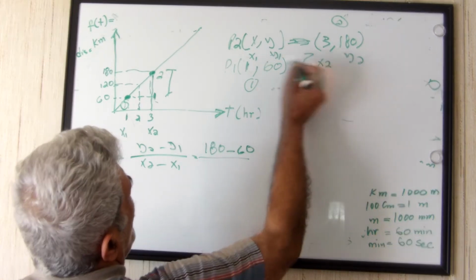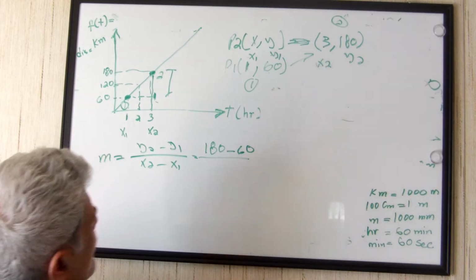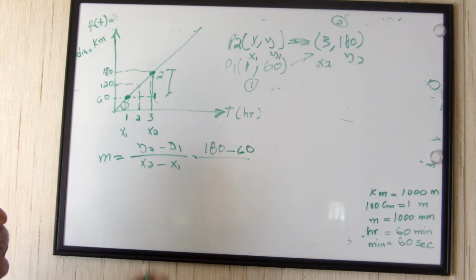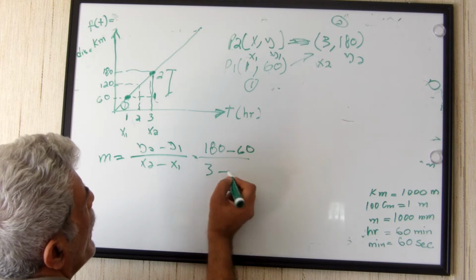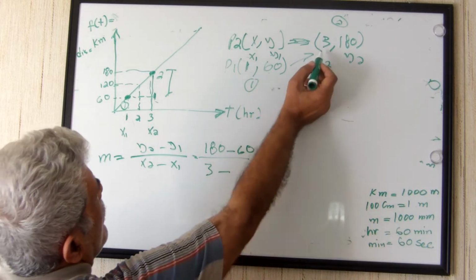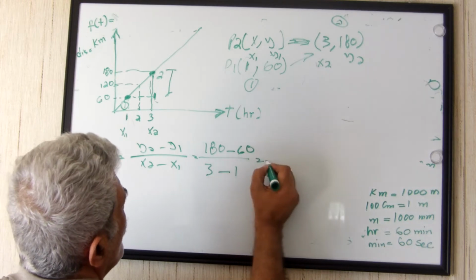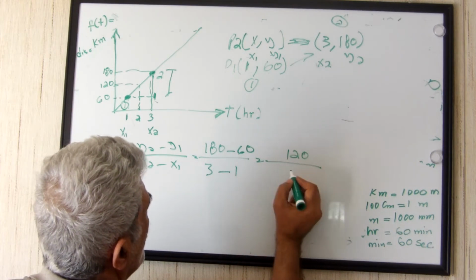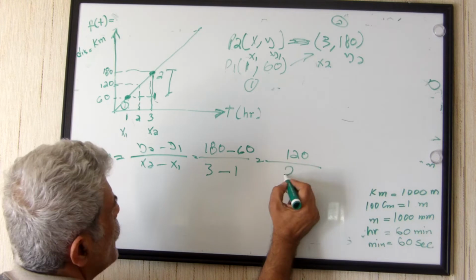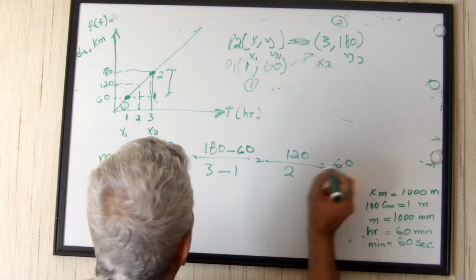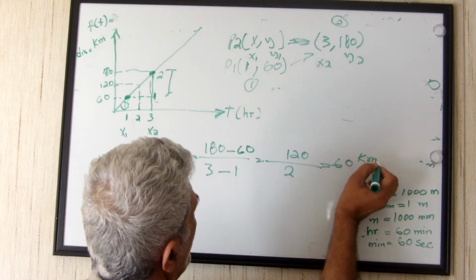So y2 minus y1 means 180 minus 60, divided by x2, which is 3, minus x1, which is 1. It's going to be 120 divided by 2, which is equal to 60. 60 kilometer per hour.